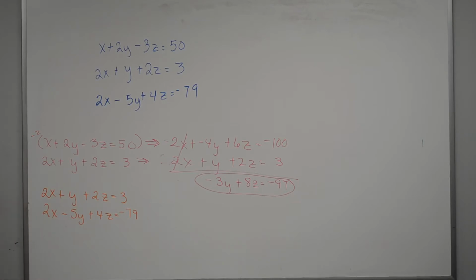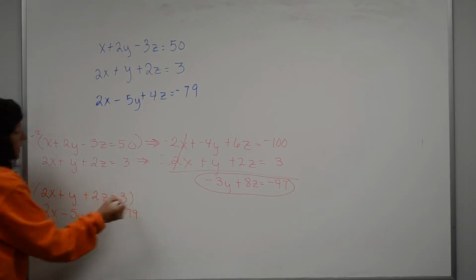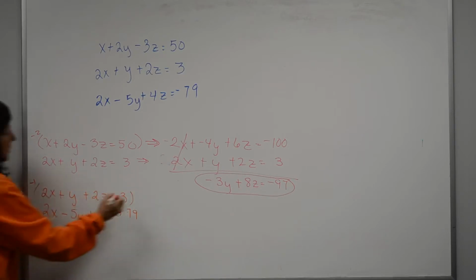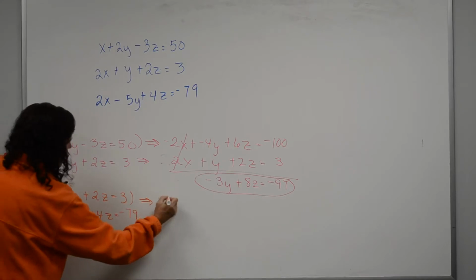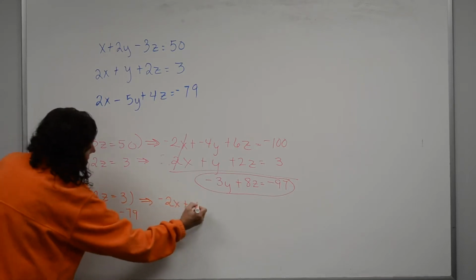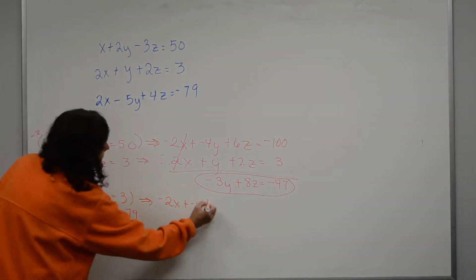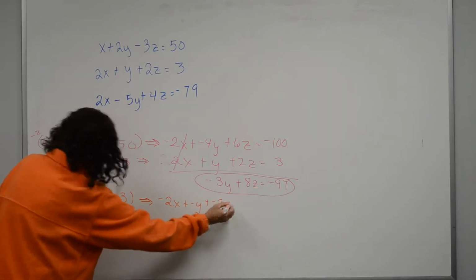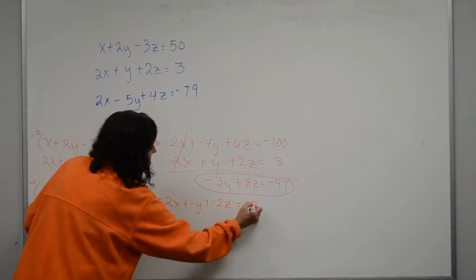Multiply by -1. Just pick one. It doesn't matter which one. Let's pick the top one. I'm going to multiply that by -1. So I have a -2x plus -y plus -2z equals -3.